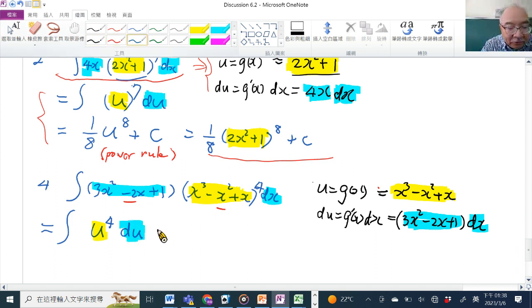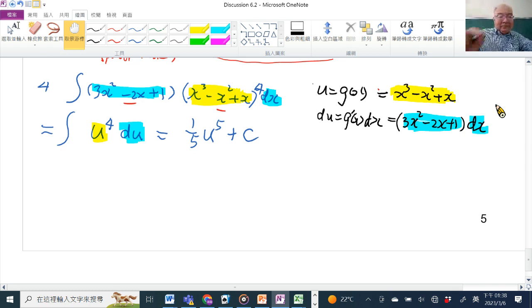Okay, therefore, power rule applies. We have u to the power of 5, 1 over 5, plus a constant c. Okay, and now the final stage. We are going to bring the variable x function back.